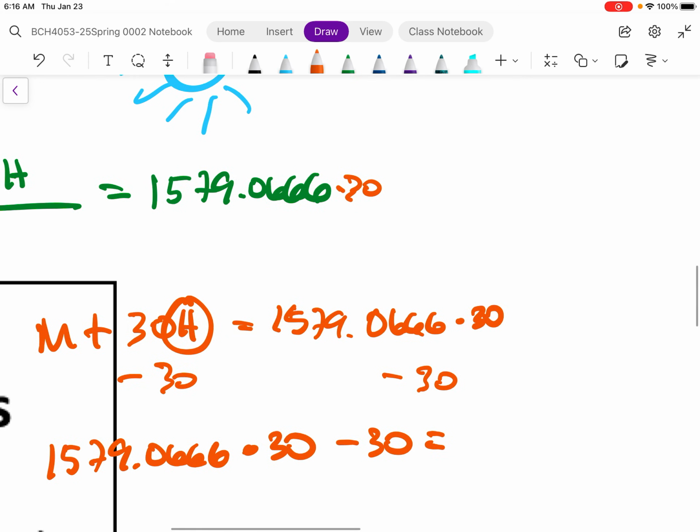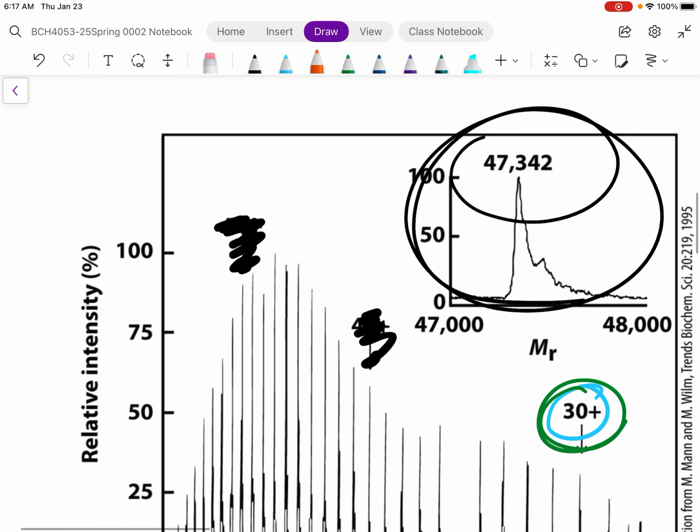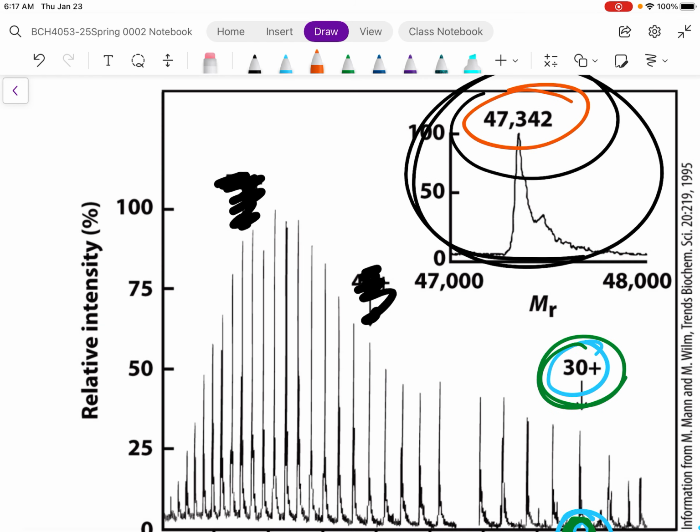And so what's the total mass when you do that? 47. If you type that into your calculator, you'll get 47,342 Daltons. And is that what the mass spec in our example shows? The numbers match. So you could do that same calculation for any of the peaks.